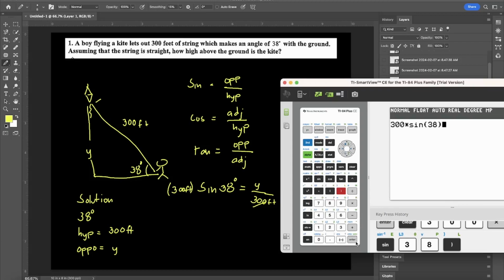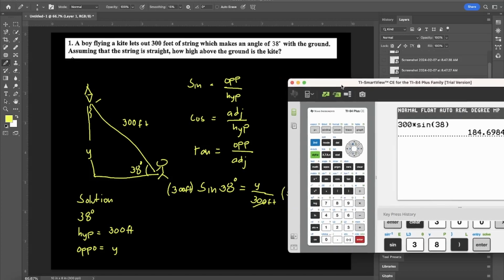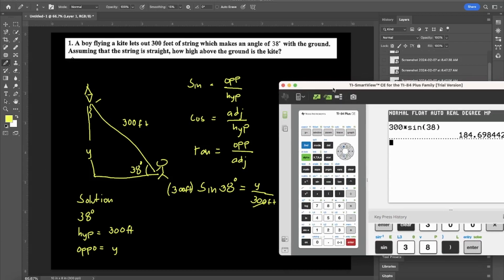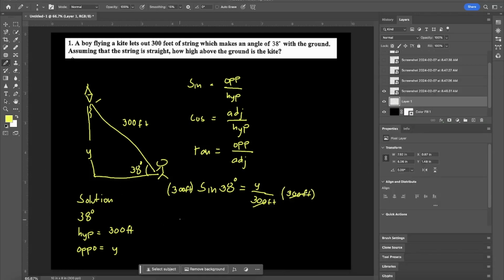We are just going to press enter to find the value of y. According to our calculator, it should give us about 184.698, or we could just have it as 184.70 feet.